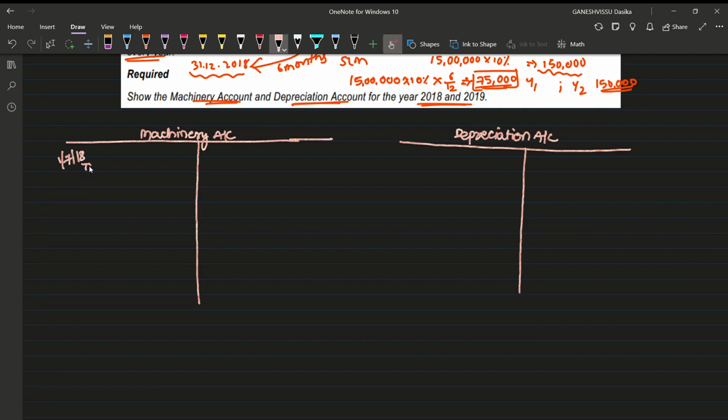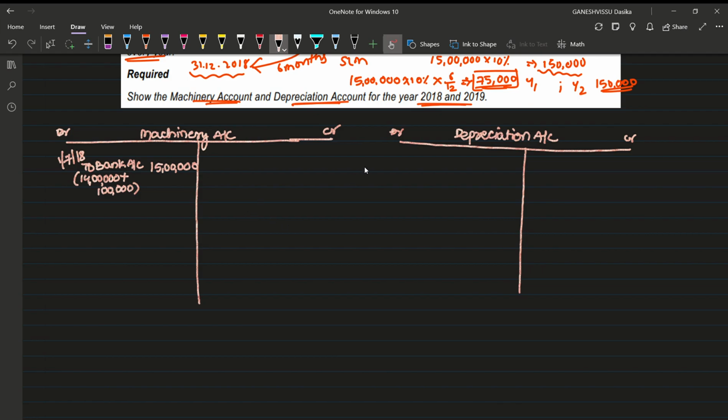This is debit side and this is credit side. So machinery account debit to bank account. For how much are we going to debit? 14 lakhs plus 1 lakh, which is 15 lakhs. So machinery account debit to bank account, 15 lakh rupees.